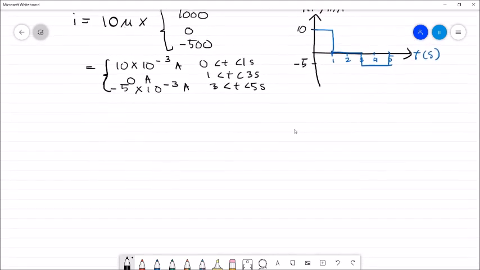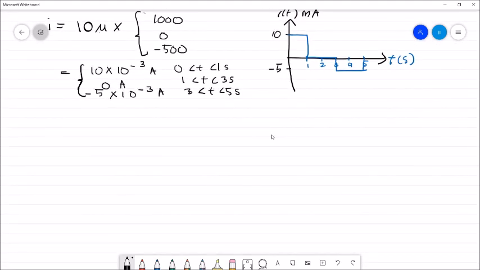Power is equal to voltage times current.